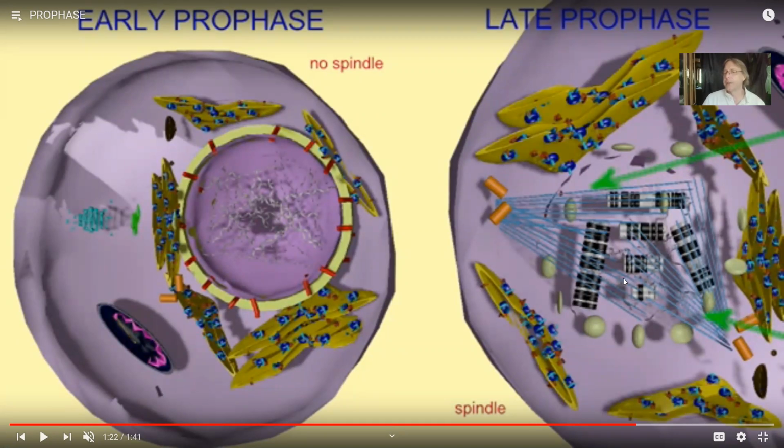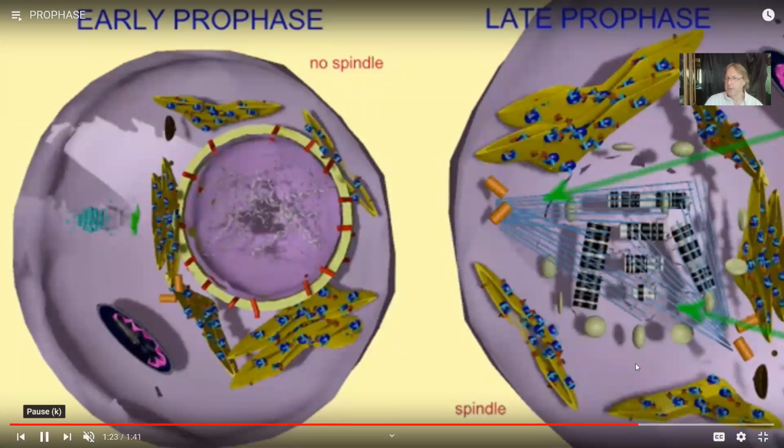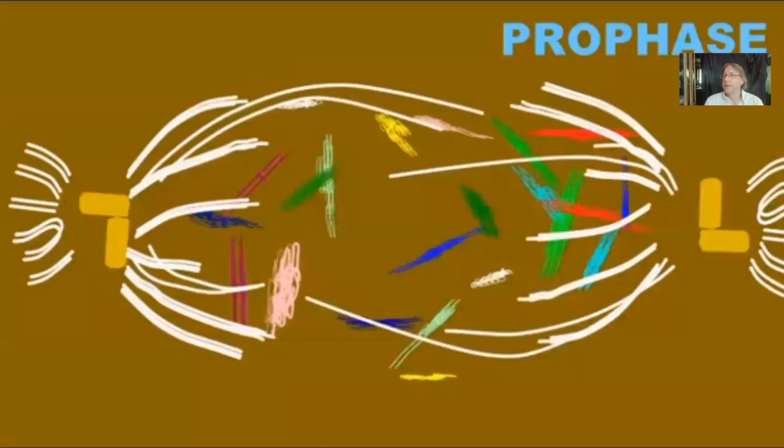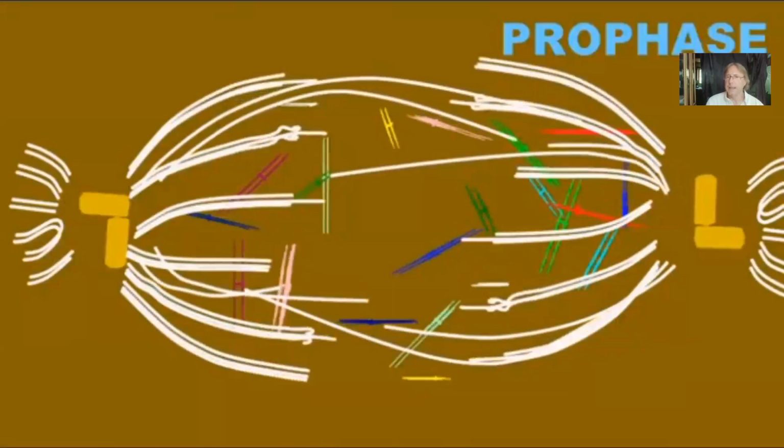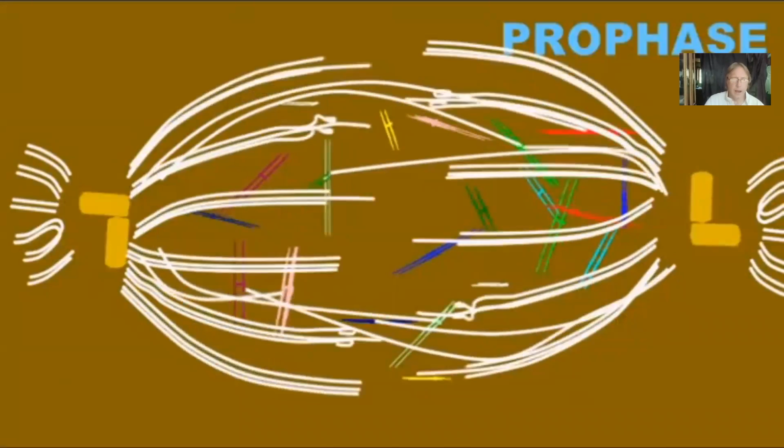But by the time prophase is done, we have the spindle and two centrioles. The nuclear membrane has been packed away for later, and the chromosomes have formed from tightly wound DNA. So this is a very important phase in mitosis, obviously.